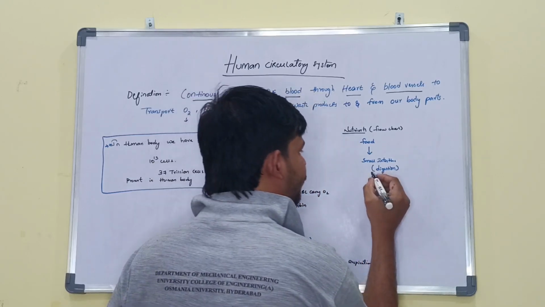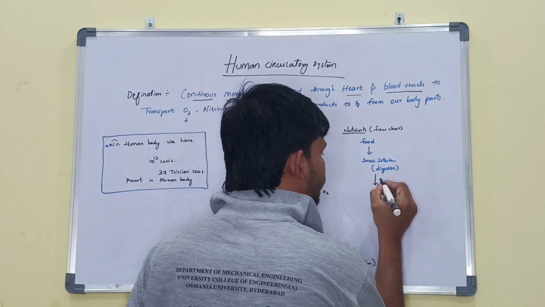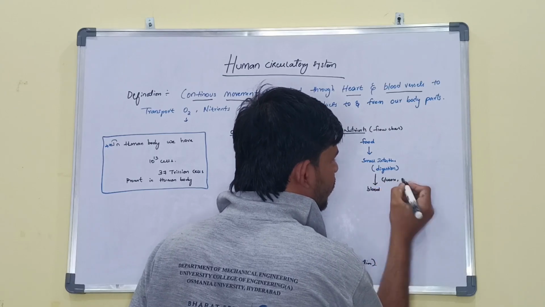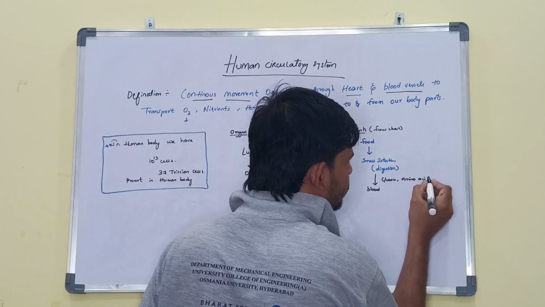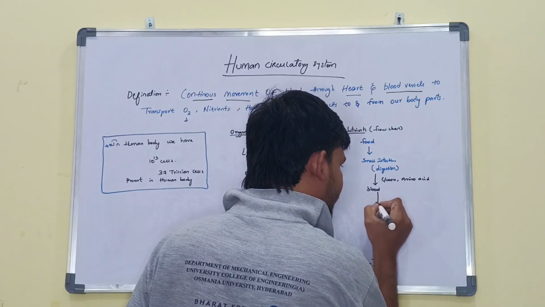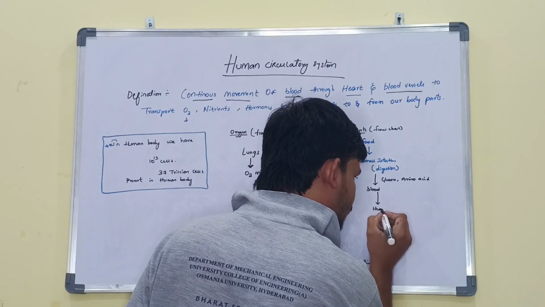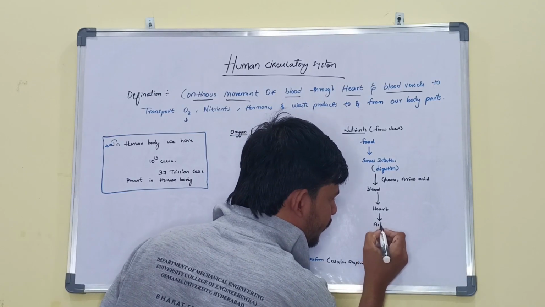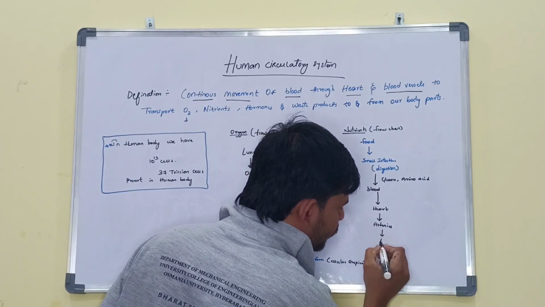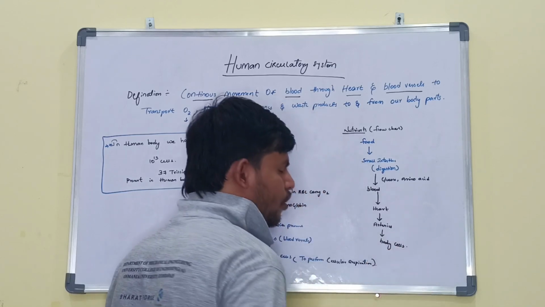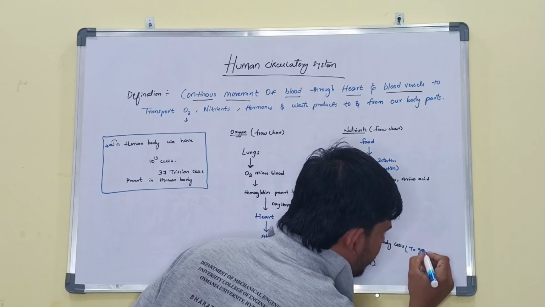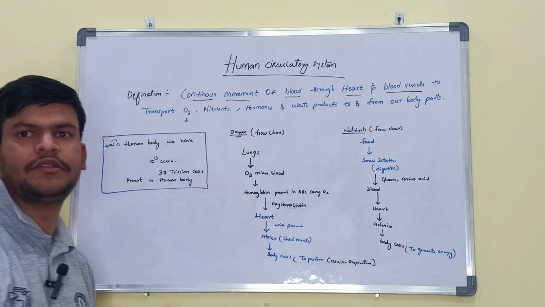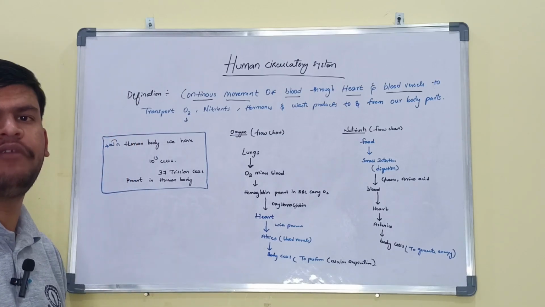These digested food is further supplied into blood in the form of glucose and amino acids. This blood will transport to heart, then heart will transport this blood to arteries, and it will be transferred to body cells to generate energy. You can copy it. I will be waiting for 15 seconds.